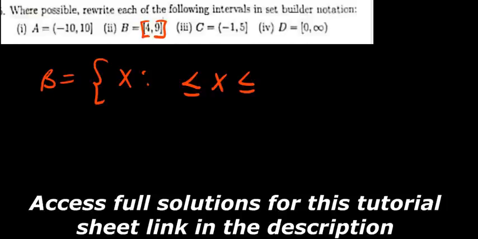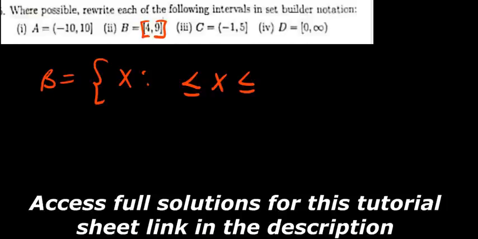So write this B, it will be x is such that, just leave a space, and then you look at this, the first one here, it is closed, so it is just less than or equal to. Okay, write it like that. Then put x here again, they are supposed to be like that, so this is also included.